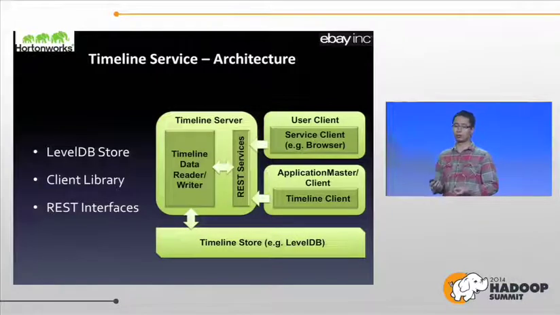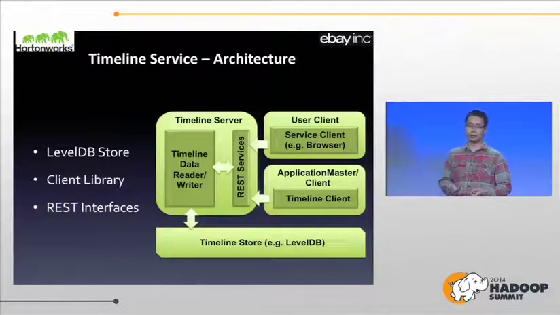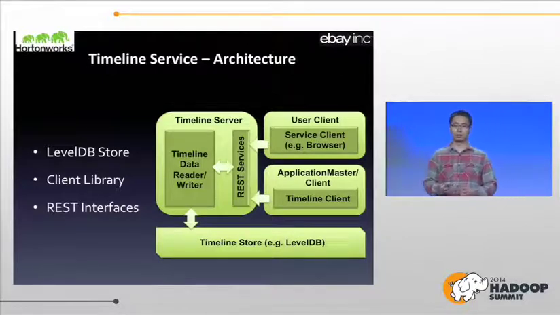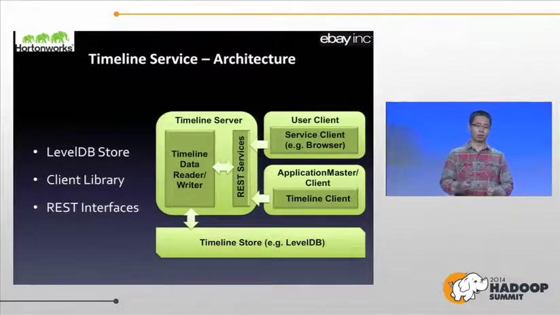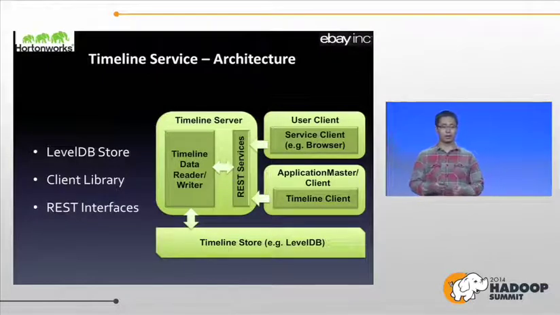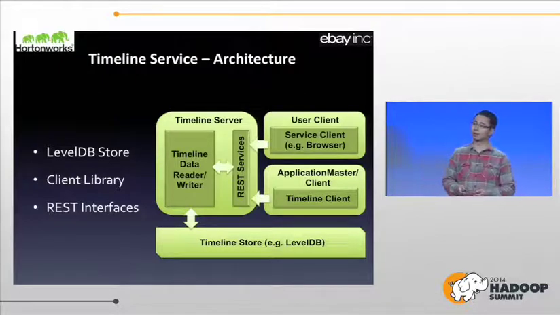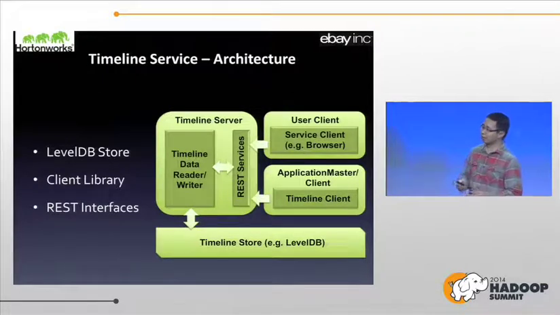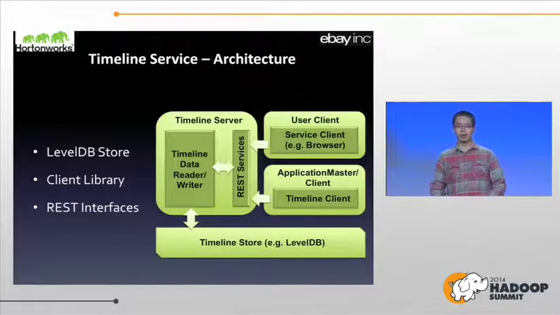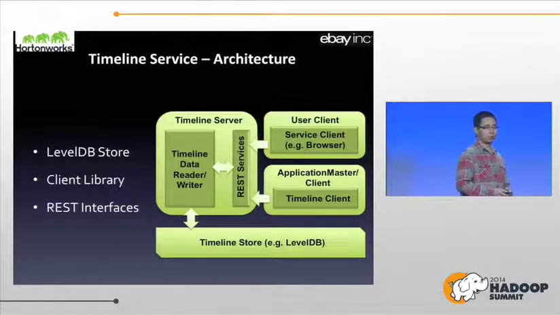It also could be the request to fetch the timeline data. The service tier is going to interact with the back end to call the timeline store reader and writer to persist the data into the database or to fetch the data out of the database. To make the whole thing work, there are 3 major parts, and I would like to highlight these 3 things in the following slides.